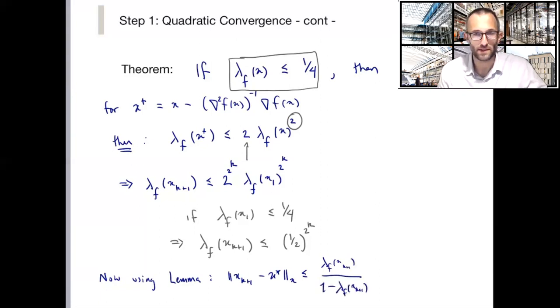The denominator is basically going to be 1, and the numerator is going to be 2 to the minus 2 to the k. So this is what we want here. So this establishes, well, we didn't give the proof, but this lemma and this theorem establish basically step 1, that we have quadratic convergence.